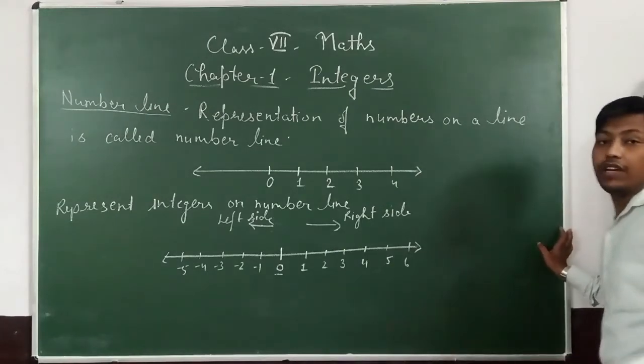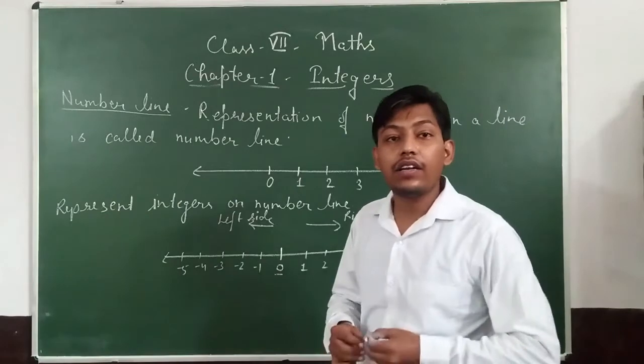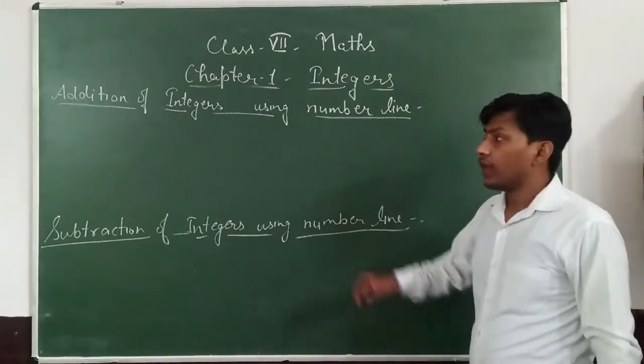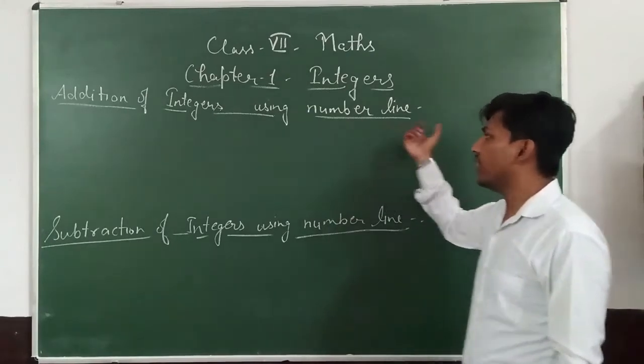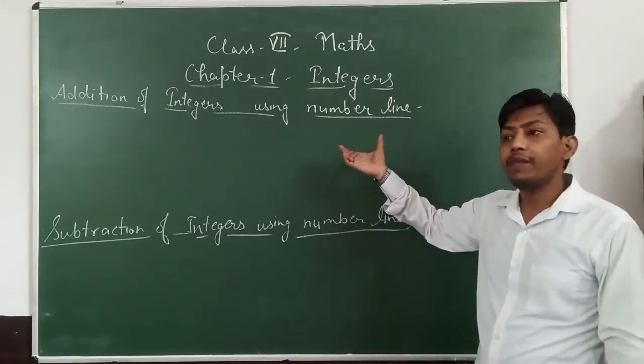Now we will study how to add or subtract using number lines. First, addition of integers using a number line. How can we add two or more integers using a number line?